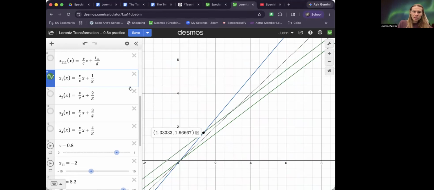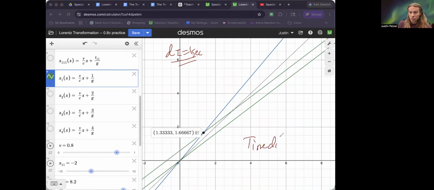How else could we get this? The tick marks are the time marks, right? So to mark the points of d tau equals 1 second, you use the time dilation formula. So the time dilation formula is d tau equals the square root of 1 minus v squared over c squared, times dt.